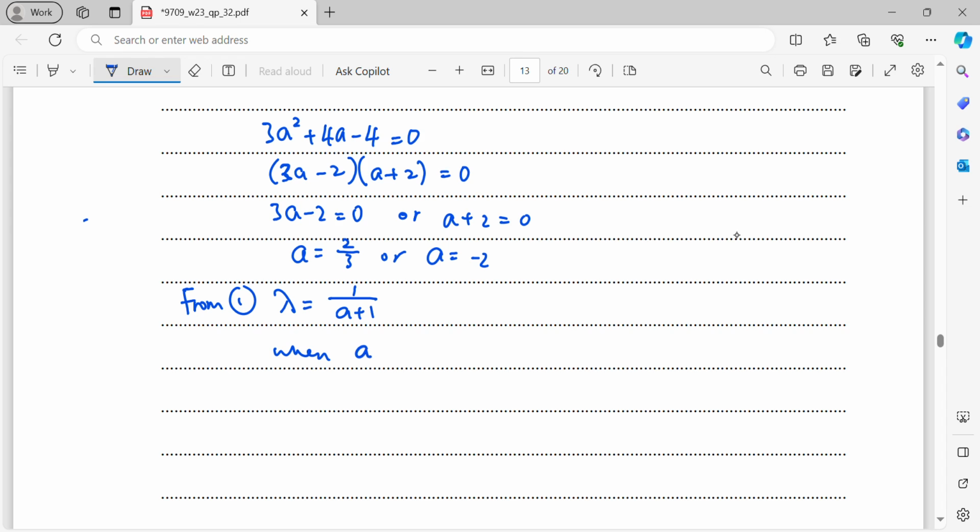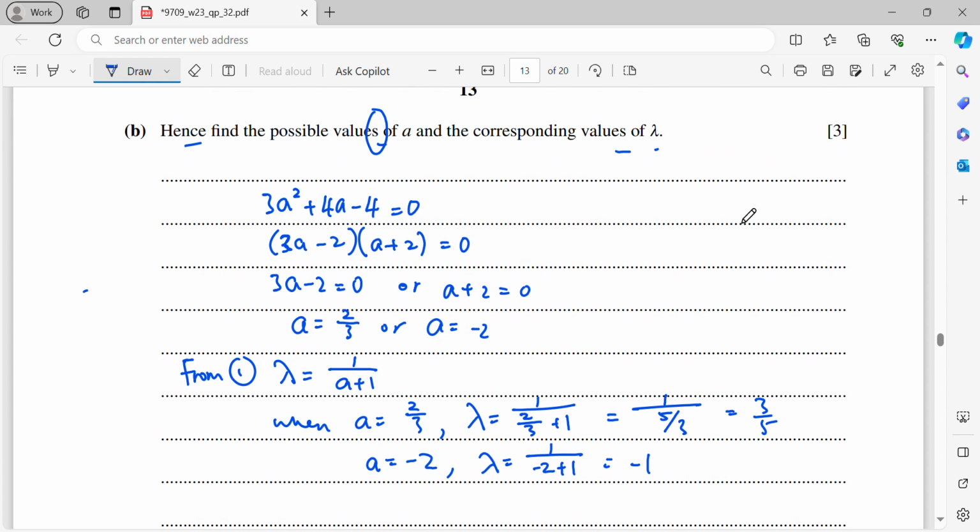So when a equals to 2 over 3, the lambda is 1 over 2 over 3 plus 1. Then you will be getting 1 over 5 divided by 3, which is 3 over 5. Okay, so when a equals to negative 2, your lambda is 1 over negative 2 plus 1, which means this is minus 1. So this is the solution of part B.